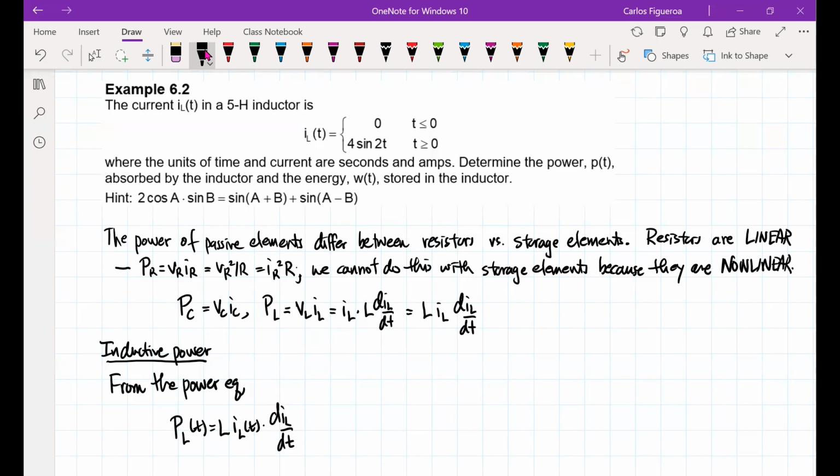But we know what the inductance value is. We see here that's a 5 henry inductor. And we know that the current is 4 sin 2t.